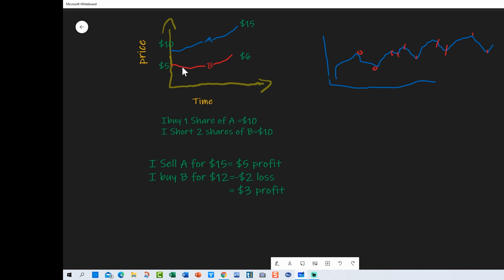When I sold the two shares initially, I got a $10 credit. Now I have to come up with $2 out of my pocket to buy two shares at $6. So I buy B for $12 because it's two shares, giving me a $2 loss, but I still make a $3 profit. So this is what we talked about when you pay a premium. The $2 loss is the premium for the protection.